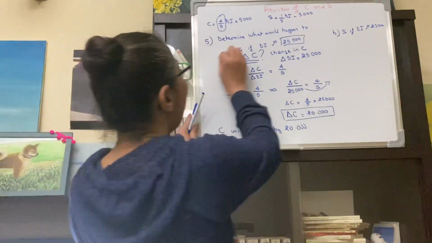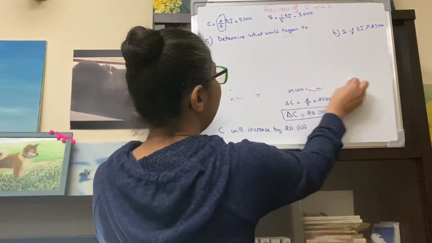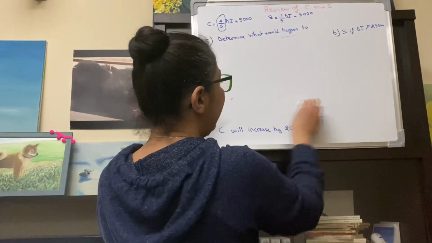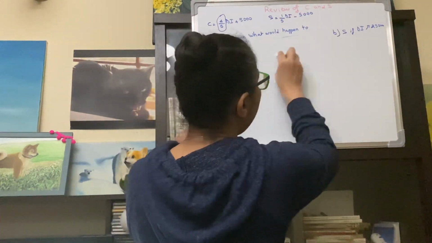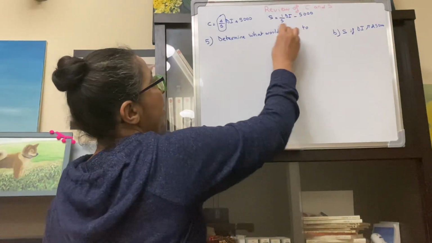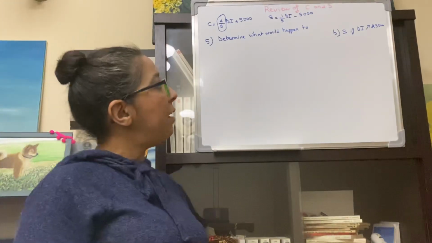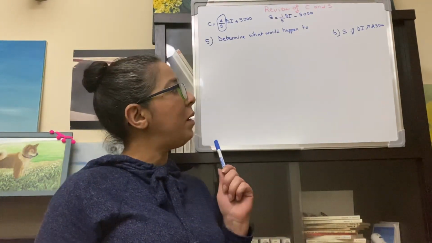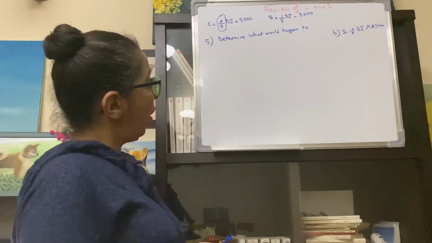I'm going to delete now. So I did A. Now I will do B. Exactly the same thing, using the same method. Here, they're asking me to determine what would happen if my DI increases by 25,000, what would happen to my saving? Let's try it.